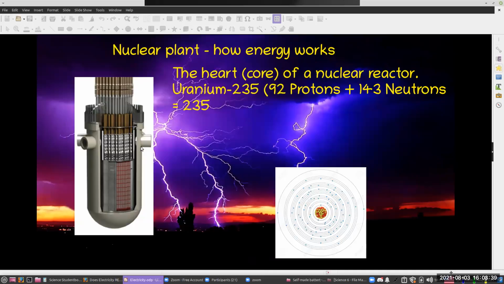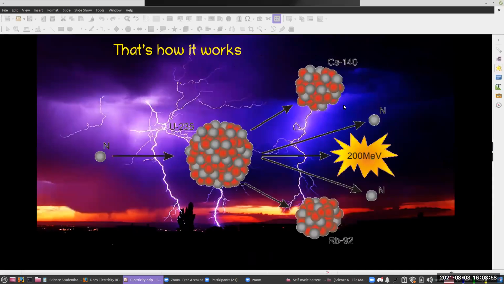So we have here the center of a nuclear plant with uranium and here the flow of water. You must imagine the nuclear plant, how energy works, the heat core of a nuclear plant, uranium. How does it work? It has to do with splitting atoms, but we do not learn about nuclear energy now.